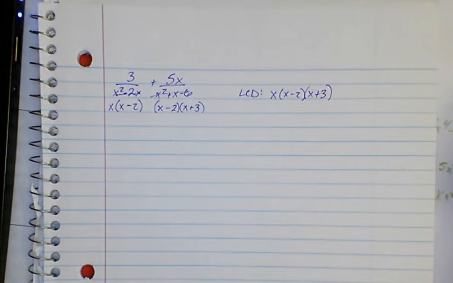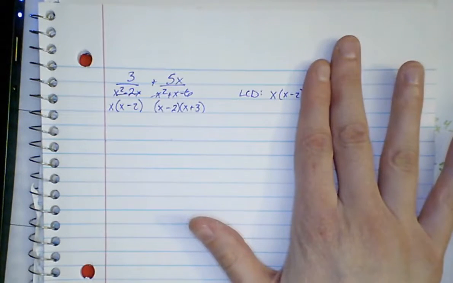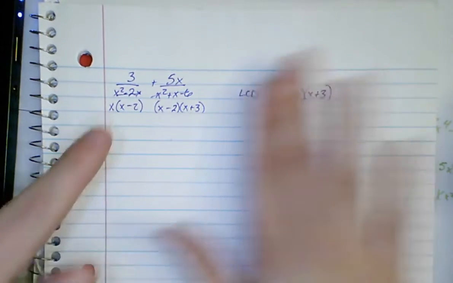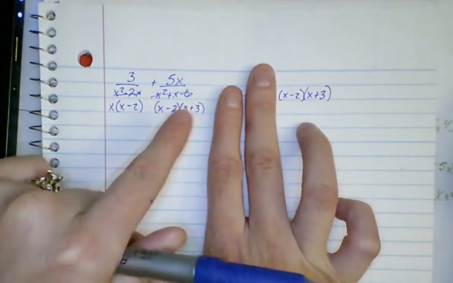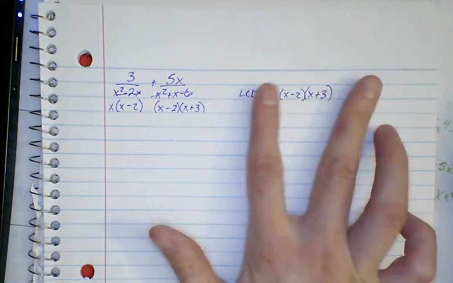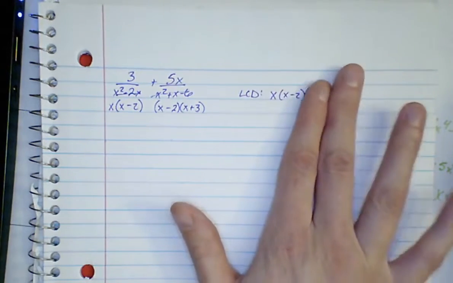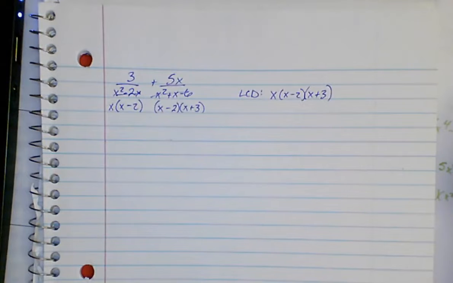To make sure that you have the least common denominator, if you cover up any of the factors, you should get back what you started with. So I covered up the different factors. I can cover them up to get that denominator back. So I have the least common denominator.